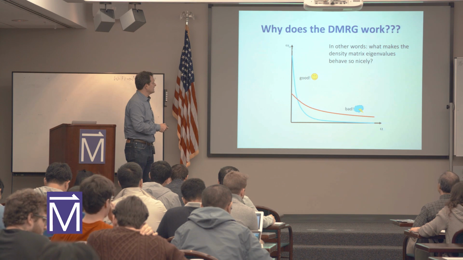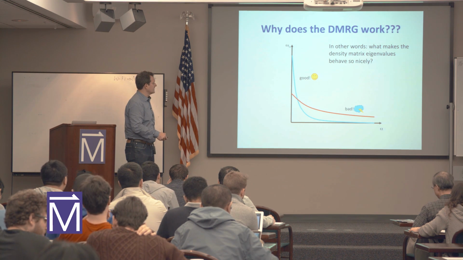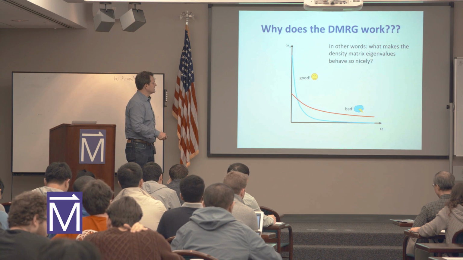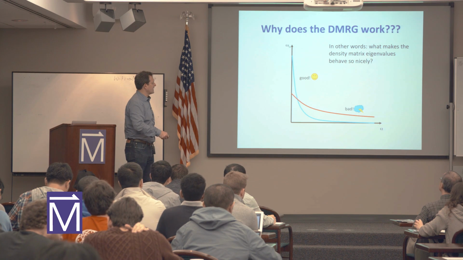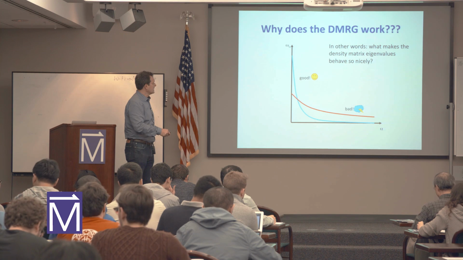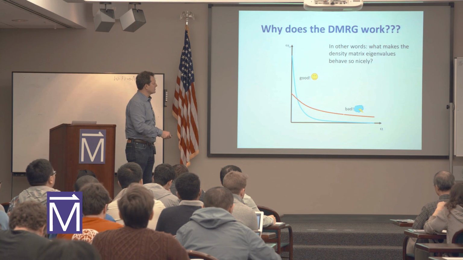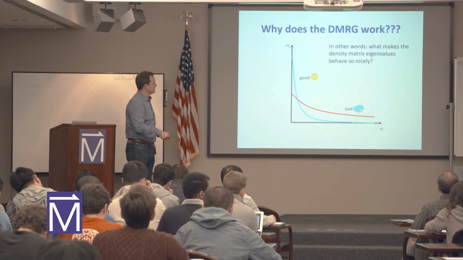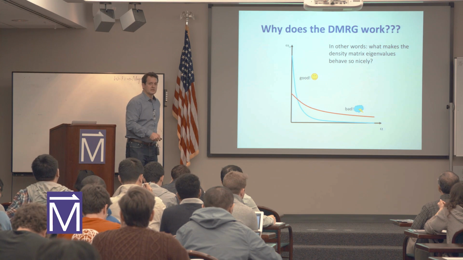For instance, imagine that the system behaves as the blue curve here. This is the number of eigenstates that we keep, and this is the value. And we see that if we truncate somewhere here, we lose very little weight.